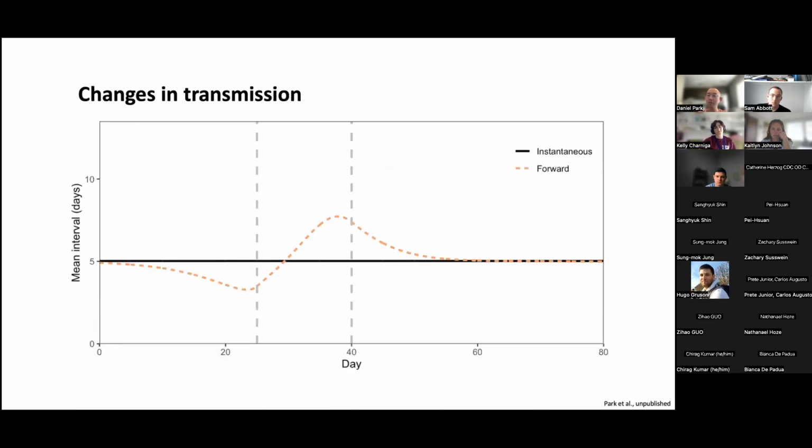In this case, as we discussed in an earlier section, the intrinsic generation interval stays the same, but the realized forward generation interval distribution changes.